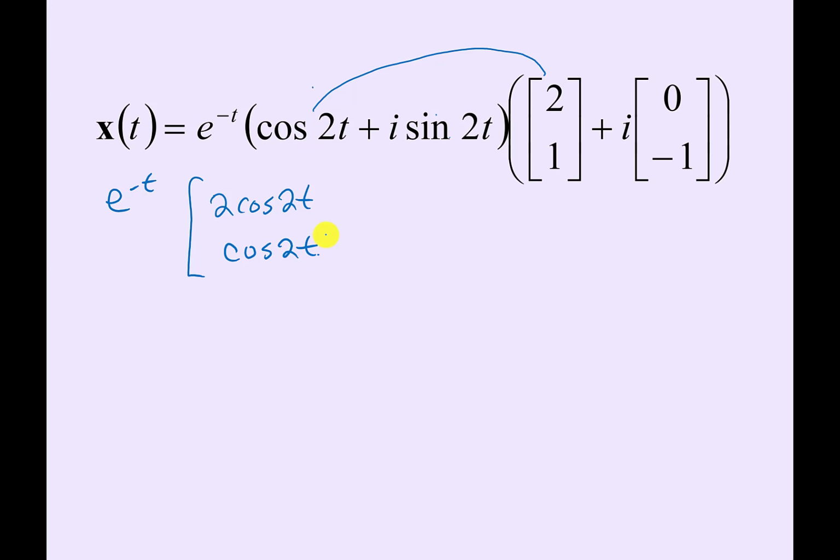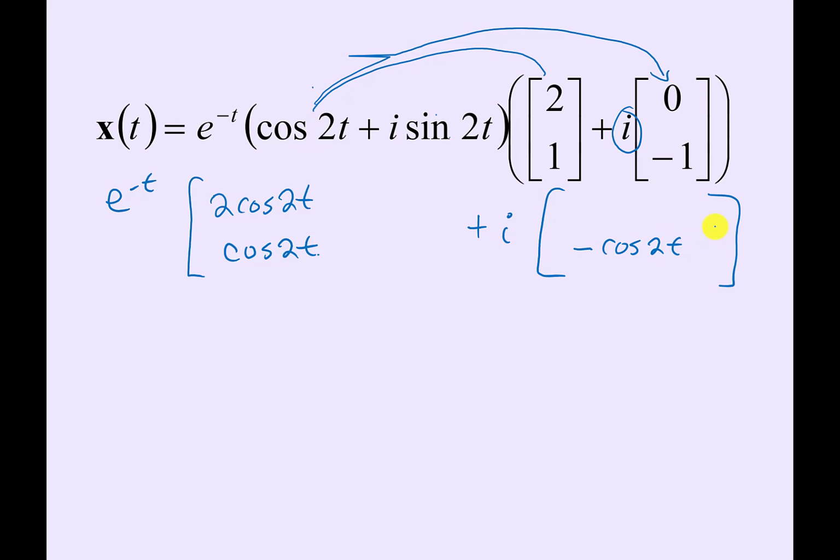Now I'm looking for what's going to be real when I multiply it, and that's going to be real, and then over here I'm going to have an i and see what's going to be imaginary. If I multiplied the cosine 2t over here, it would have an i on it, but it's going to be 0 for the top, but the bottom is going to be minus cosine 2t, so that would go right there. Let me just slide that over so I've got room, minus cosine 2t.